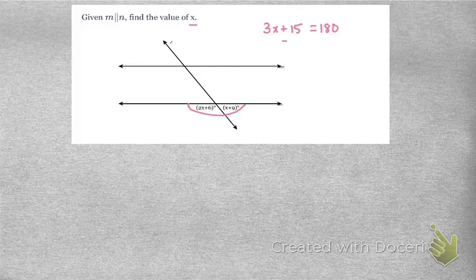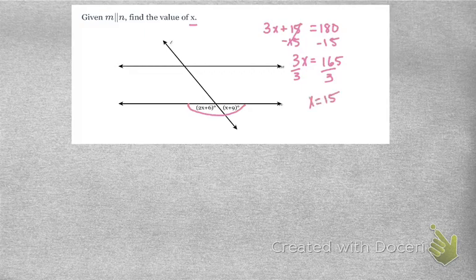You've seen problems like this every day in algebra, right? Minus 15 from both sides. Then we'll subtract 15 from 180, so that's 165, I believe. I am without a calculator right now. And that's 15. x is equal to 15.